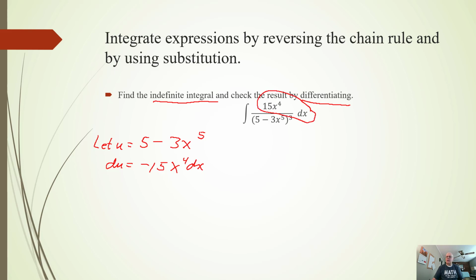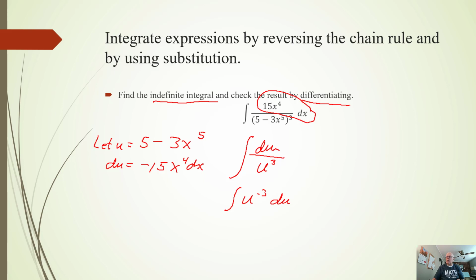So I can rewrite this as du over u cubed. Or better yet, rewrite that as u to the negative 3 du. And we can use our integration power rule. What do we get?